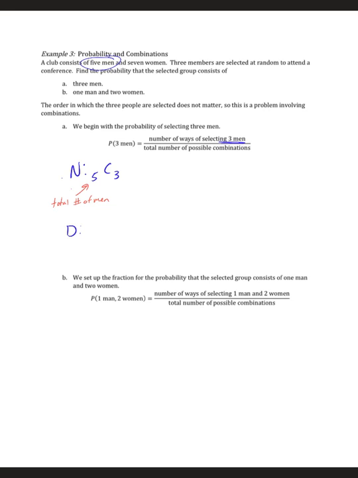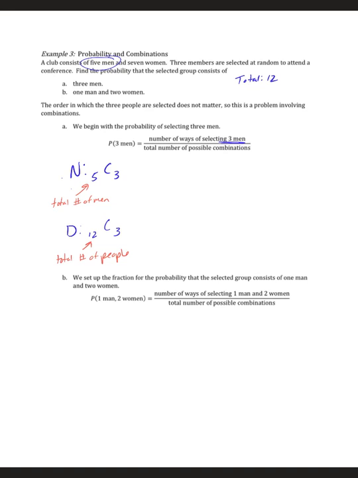The denominator is the total number of possible combinations. With 5 men and 7 women, we have a total of 12 people, and we have to choose 3 of them.